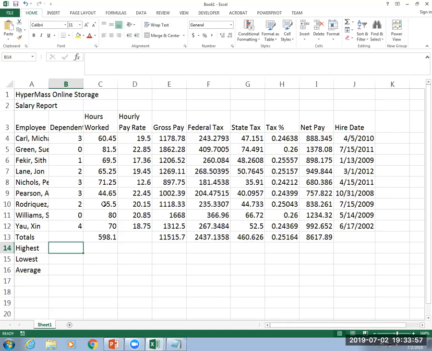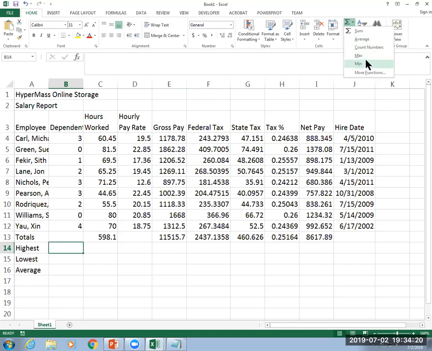Now, one of the things to know about Excel is that if you don't remember which formula you want to use, the first thing you can do is click onto the little arrow to the right of the formula guy, the sigma symbol, and see if any of those are the things that you want.